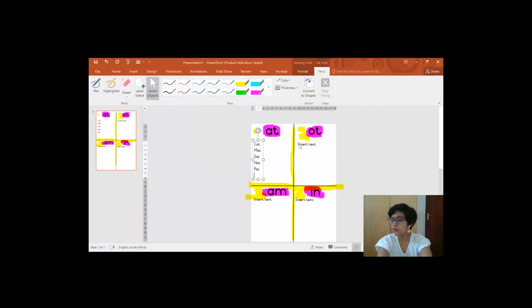You can also think of other words that you might know that might not have been in yesterday's activity. So maybe a word like bat, rat, and you add those words. You are going to write it, obviously. So I've worked with this one with you guys.